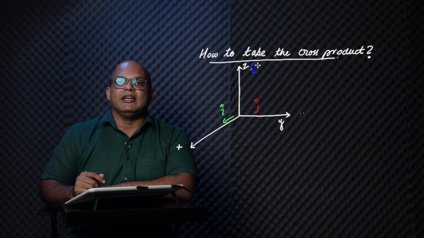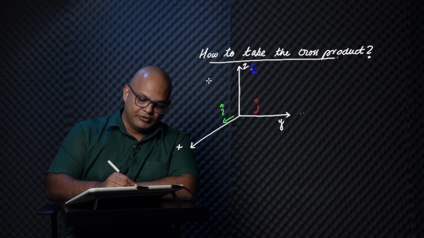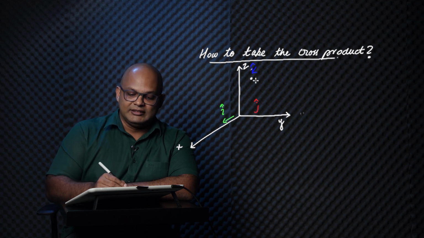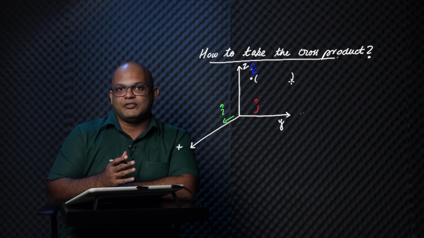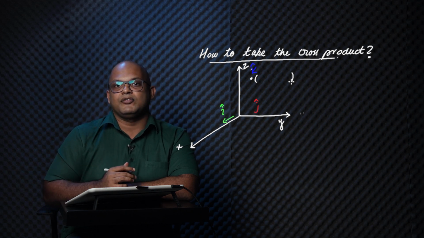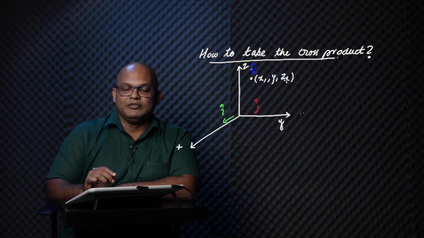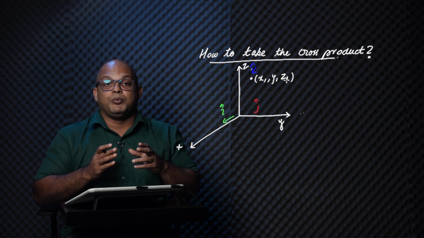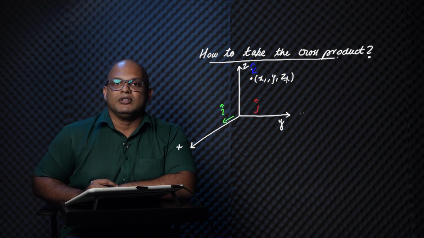So in this particular case, if I were to pick any arbitrary point in this space, this point would have three numbers associated with it: the x-axis, y-axis, and z-axis coordinate numbers. So that would be x1, y1, and z1. And each of these would be multiplied by its corresponding unit vector in order to get the position vector for this point.